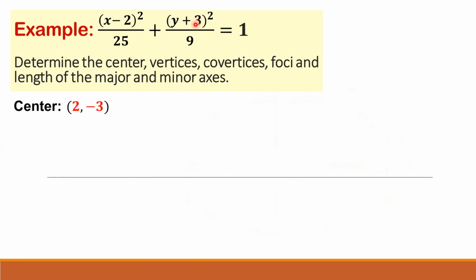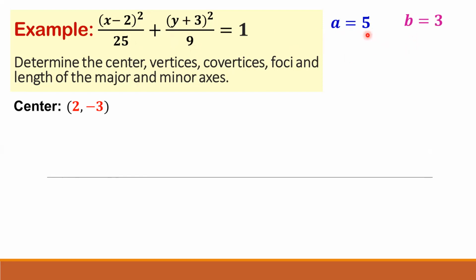Okay, parang kinu-consider natin yung opposite in sign kasi it's coming from the x minus and y minus. Okay, so after that, we identify what our a is. This is our bigger denominator, which means this is our a squared. So our a is equal to 5. And then our b is coming from the square root of this. So that will be 3.